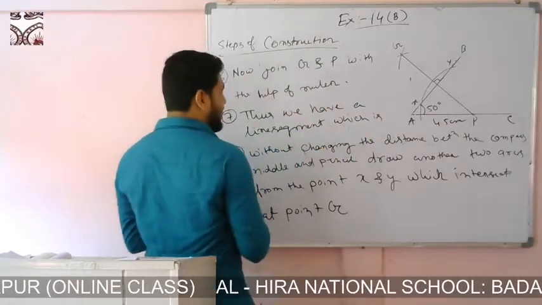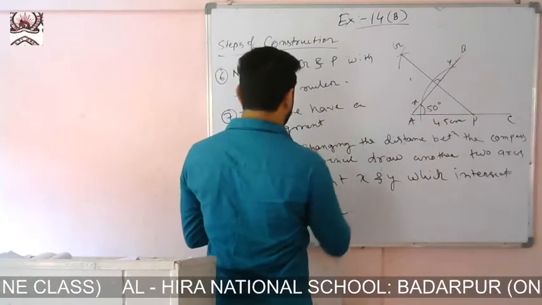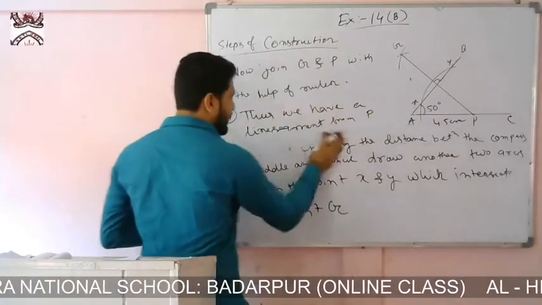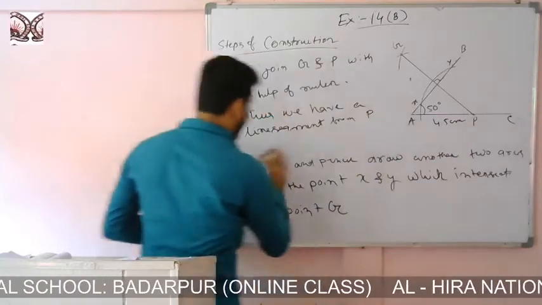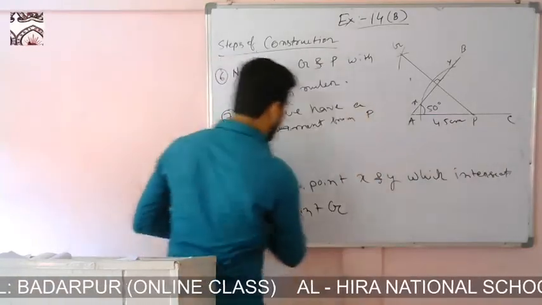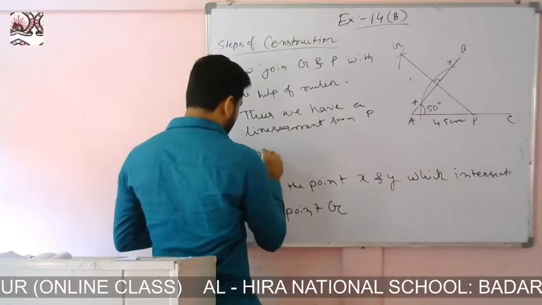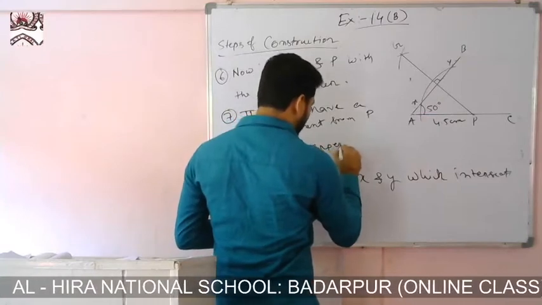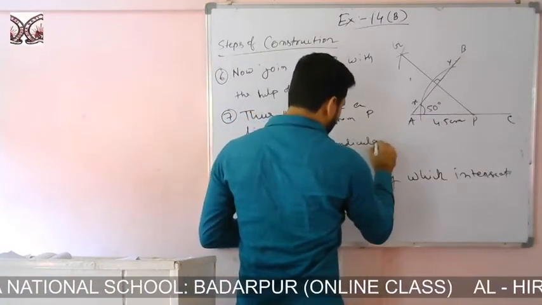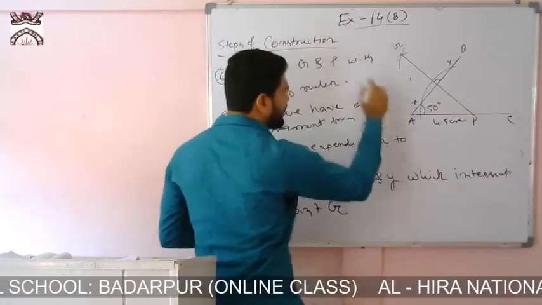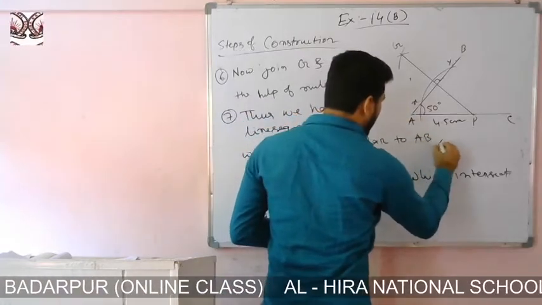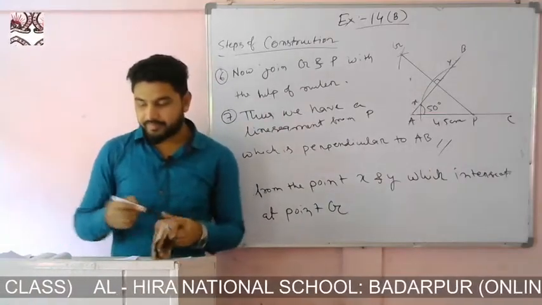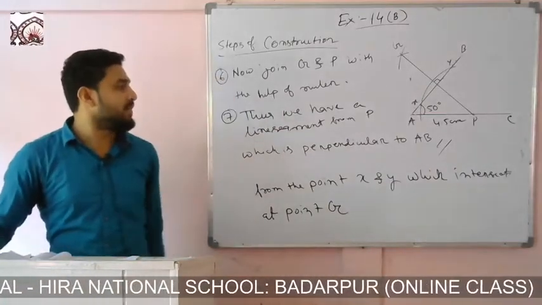Thus we have a line segment from P which is perpendicular to AB. Okay, these are the required constructions.